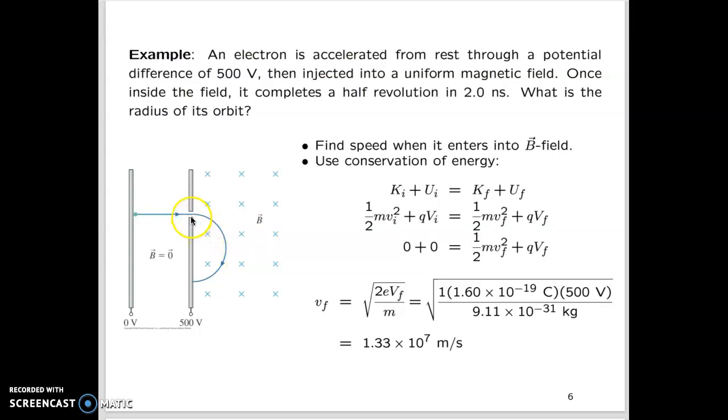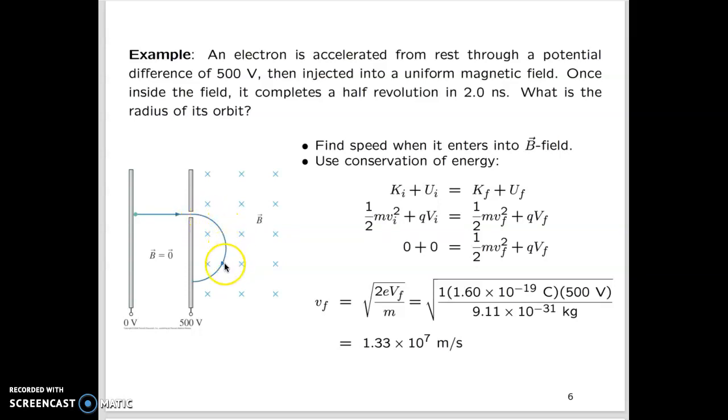And we see that the velocity is initially perpendicular. Okay, the velocity of the electron is to the right. The magnetic field is coming out of the plane of the screen. That's perpendicular. We said that when you have motion of a charged particle perpendicular to a magnetic field, you'll have circular motion.